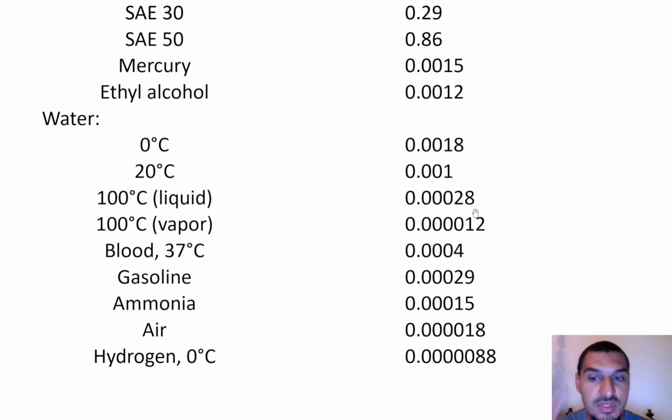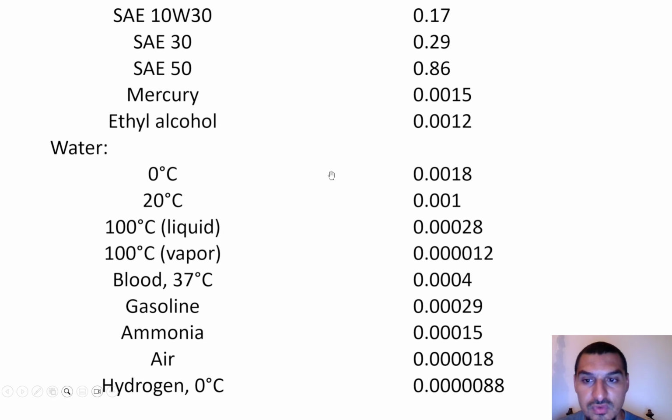The same here if you look at the values for liquid water, and of course the effect of temperature is clear here. But for example, let's see gasoline or ammonia, air and hydrogen, these are all gases, and look at the liquids. The viscosities of liquids are in a very different range.